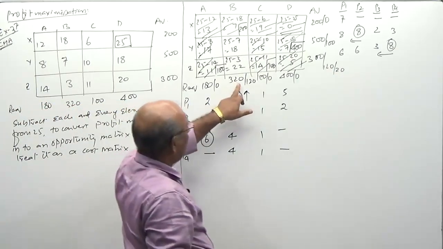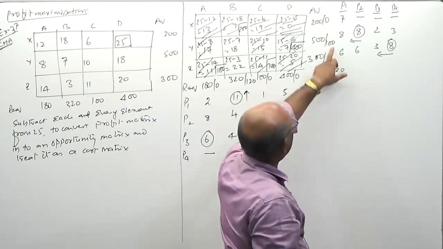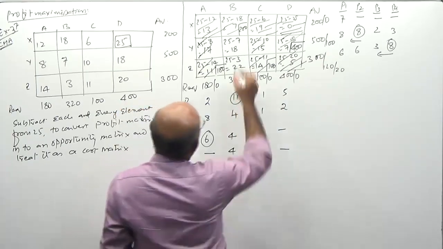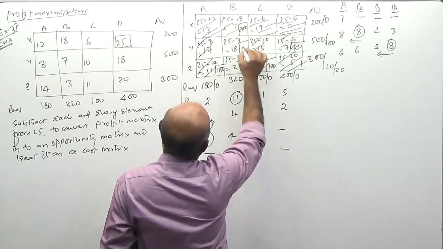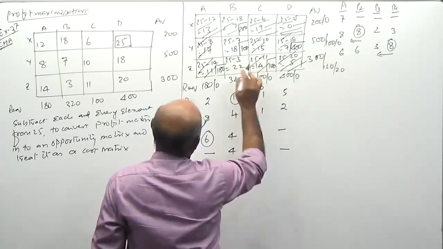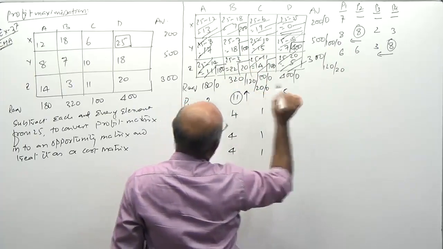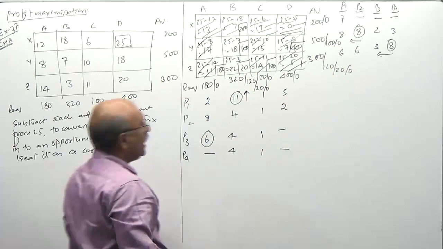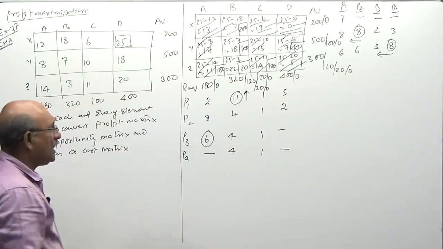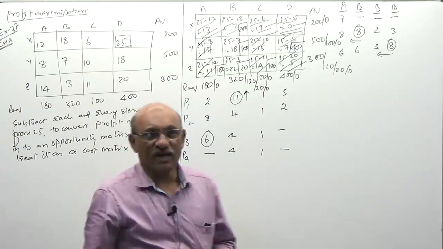Finally, at market B, 120 units are required. 20 plus 100, 120 units are available. Adjust without giving any importance to cost. These 20 units are given here. Finally, capacities are exhausted and requirements are also satisfied. So the way of allocation is correct.